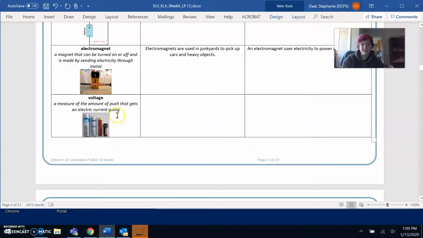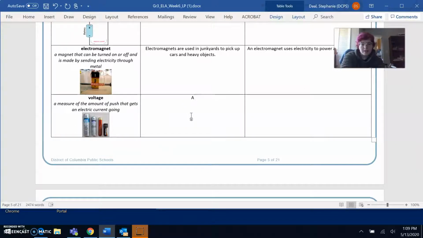Let's go on to our last vocabulary word, which is voltage. In Espanol, voltage is voltaje. Voltage means a measure of the amount of push that gets an electric current going. If you have different sizes of batteries, they all have different amounts of voltage.